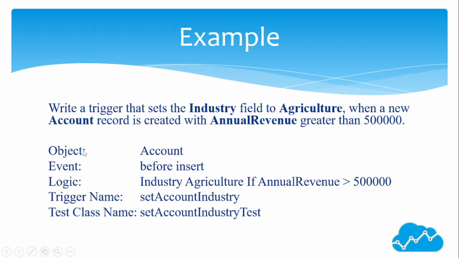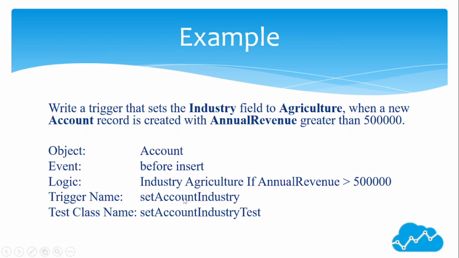So here what is going to happen, when a new account record is created with annual revenue greater than 5 lakh, then we have to set the industry field to agriculture. So for inserting the data, it is going to set the industry field to agriculture. So logic, industry will be agriculture if annual revenue is greater than 5 lakh.